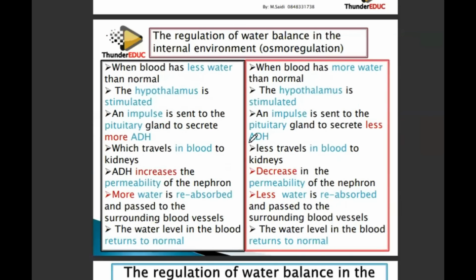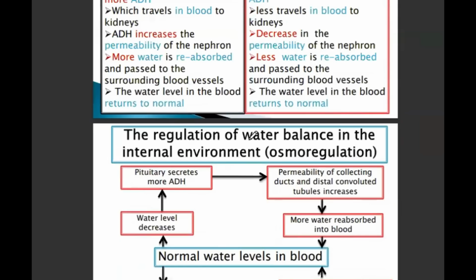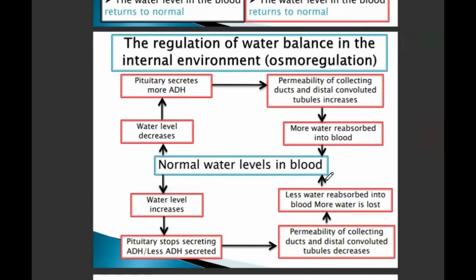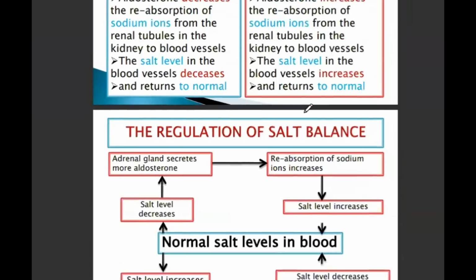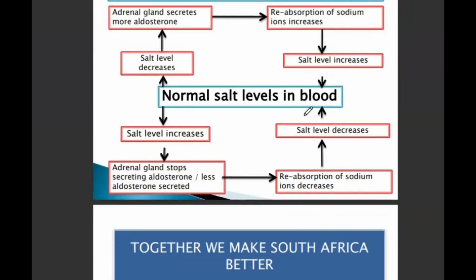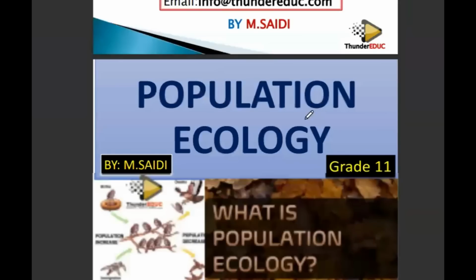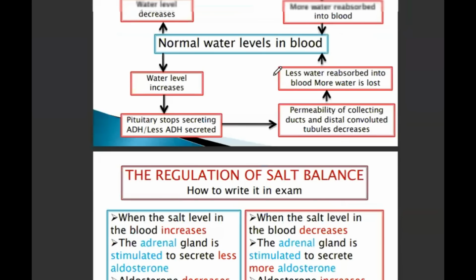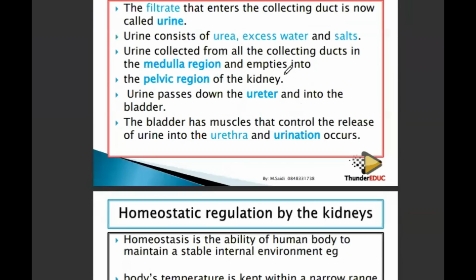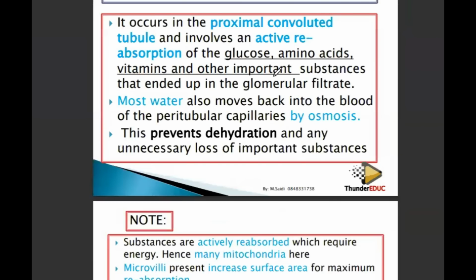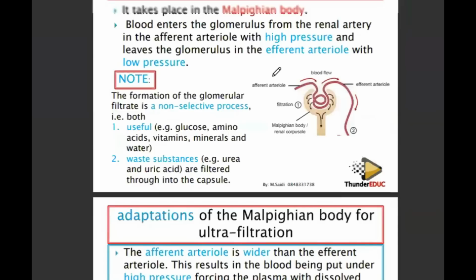And then number two, this negative feedback mechanism or the homeostasis of water and salt, we can bring one. But when you go back here, what are you supposed to look at very effectively to get marks?